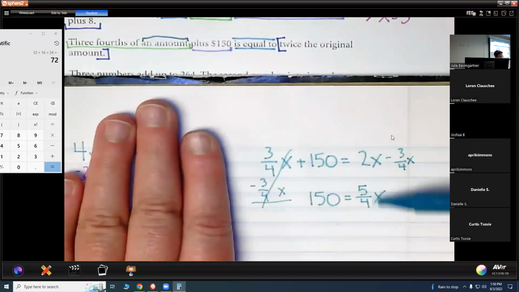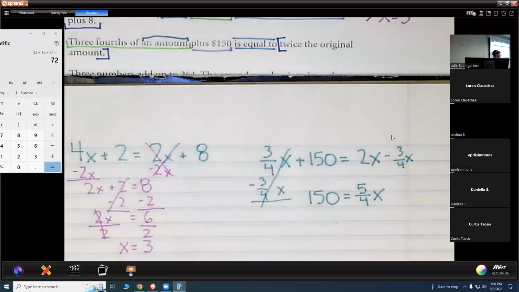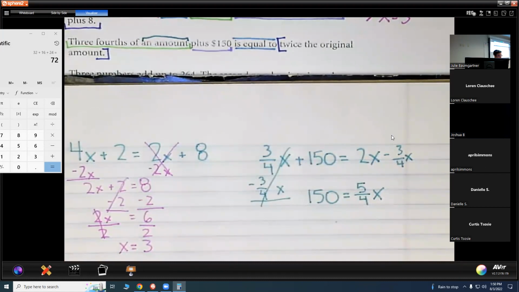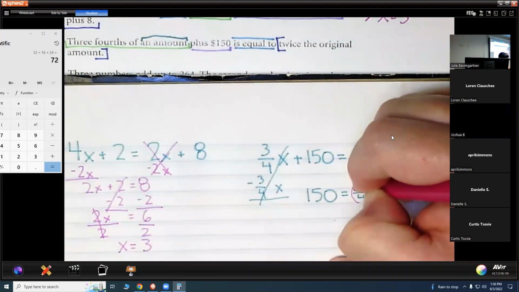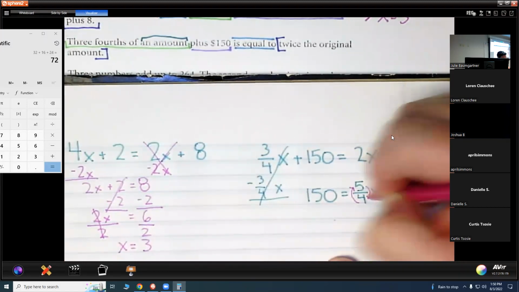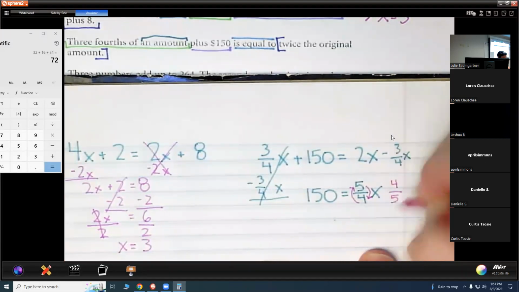So then because my x is being multiplied by a fraction, how do I deal with that? How do we divide it? Exactly. We take the reciprocal, so we're going to multiply by 4/5 on both sides.